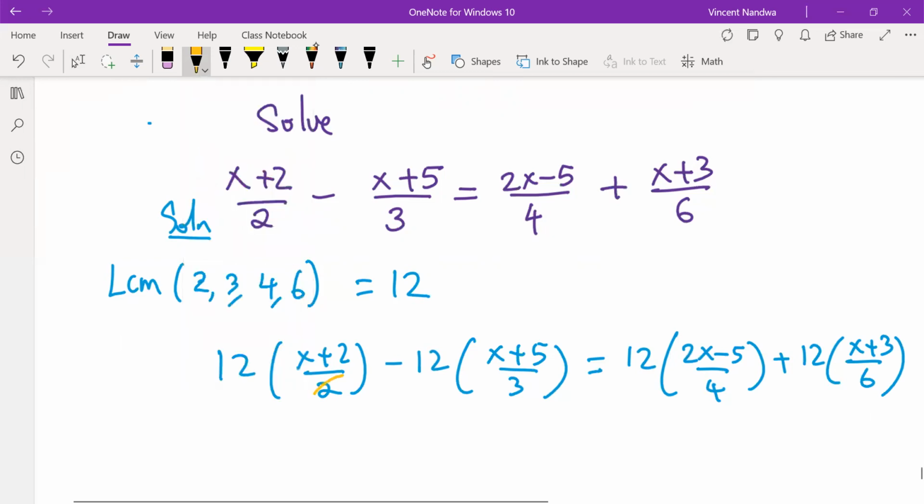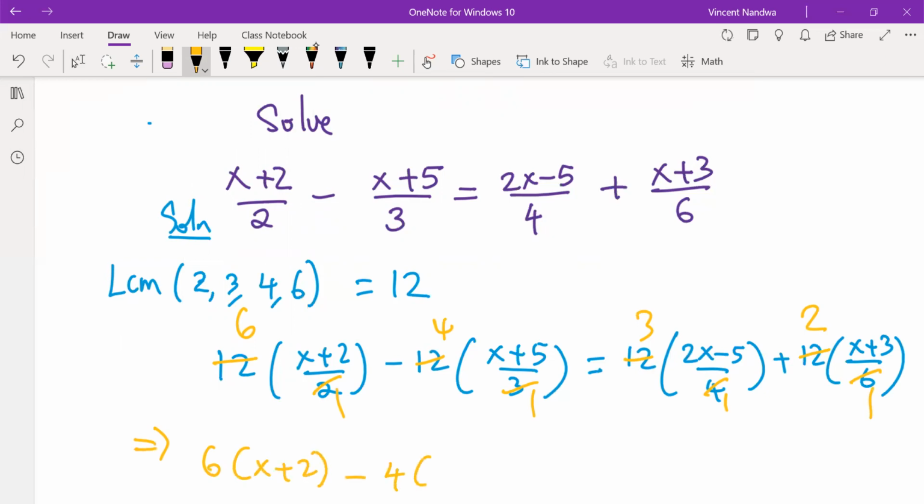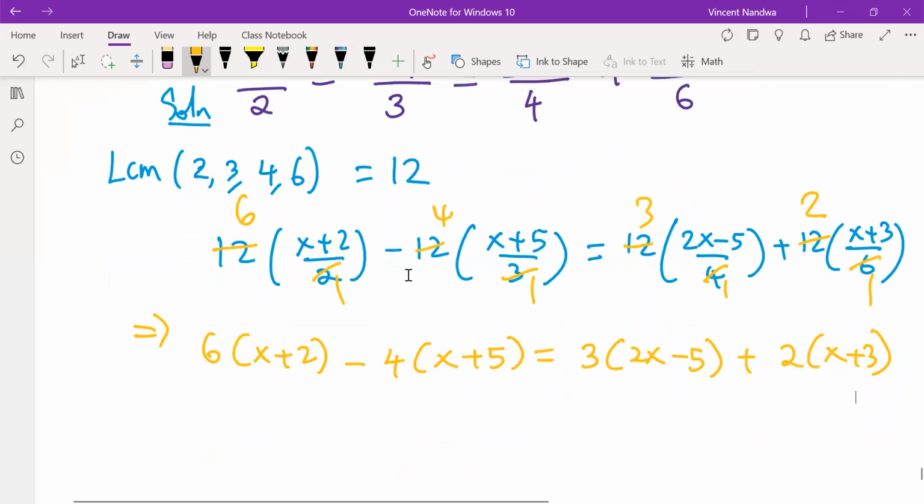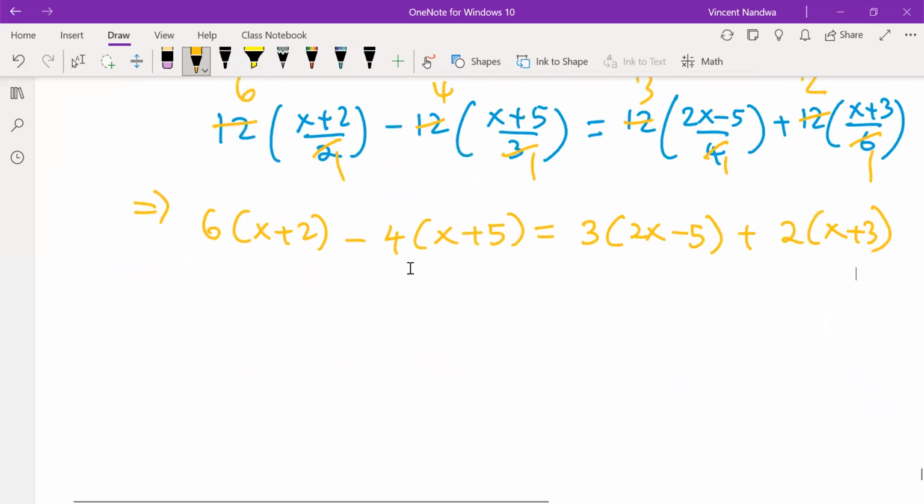And then, 12 over 2 is 6, 12 over 3 is 4, 12 over 4 is 3, 12 over 6 is 2. So we'll have 6 into (x plus 2) minus 4 into (x plus 5) equals 3 into (2x minus 5) plus 2 into (x plus 3). Then open the brackets.